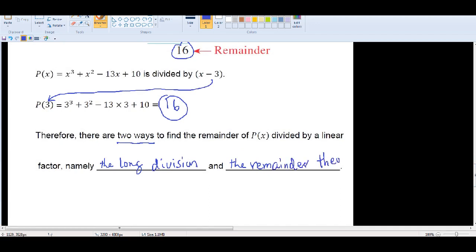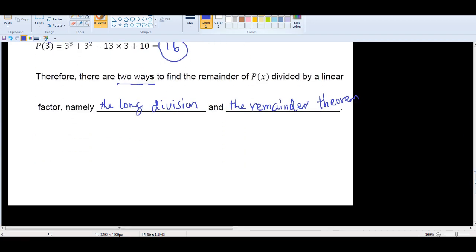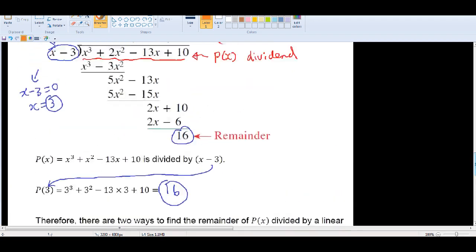The difference between the two things is, long division is much slower, much more tedious, and time consuming, but it gives us both quotient and remainder. So what do we mean by quotient?